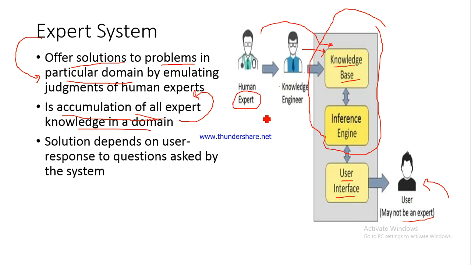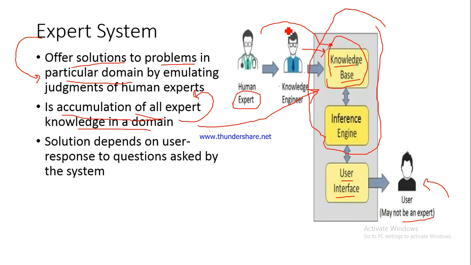Now this knowledge engineer has collected this information from all such human experts, and he has prepared this knowledge base, right? So this knowledge base has now been prepared, which contains all the information of the human experts. I hope you remember what we had said here: accumulation of all expert knowledge in a domain. Now where is this expert knowledge getting accumulated? It is getting accumulated here in the knowledge base.